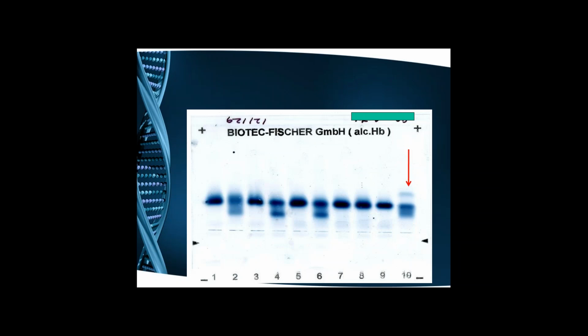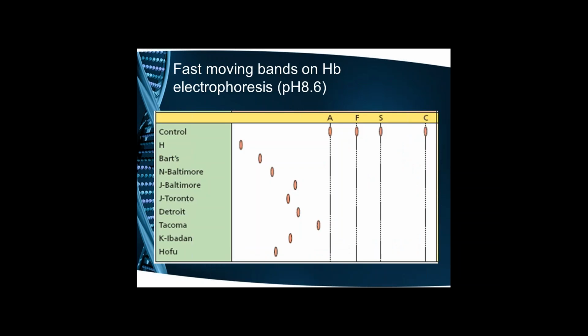So we ran a Hb electrophoresis and we see a fast-moving hemoglobin, pointed out by the arrow. Alpha thalassemia will show a fast-moving hemoglobin, most likely to be either HbH or Hb Barts.